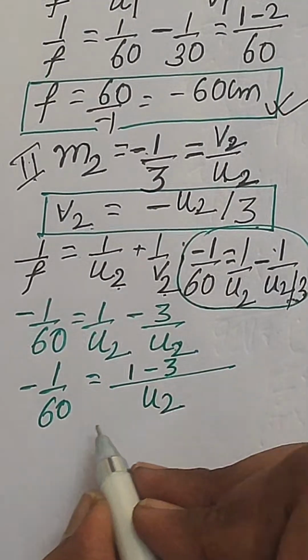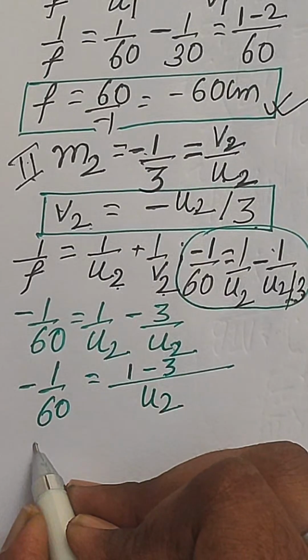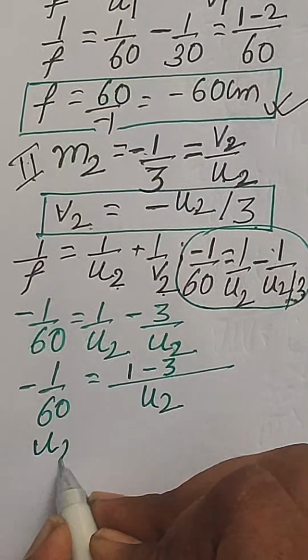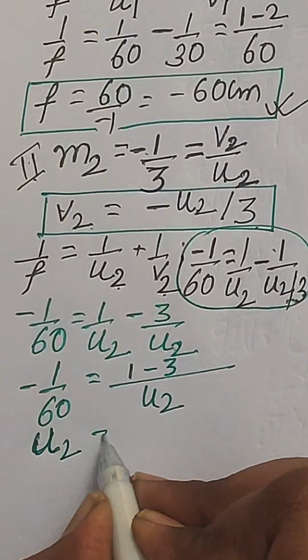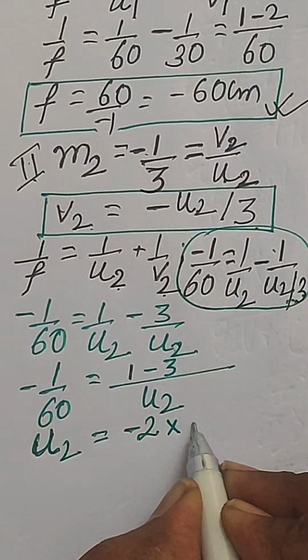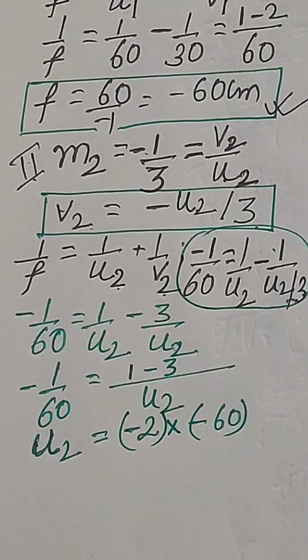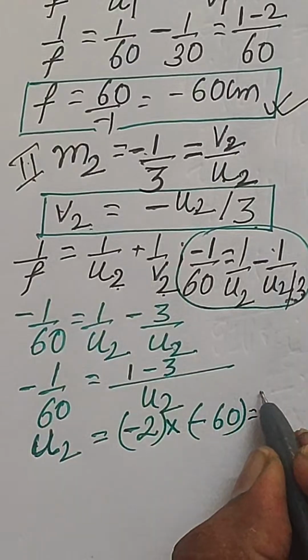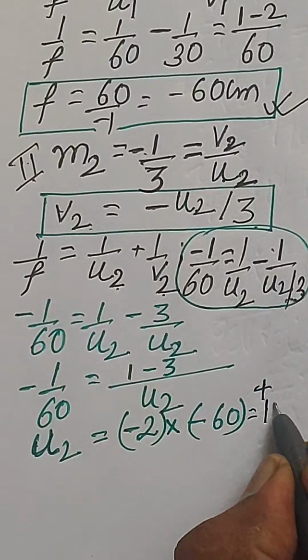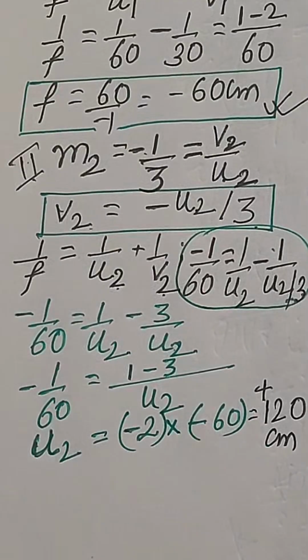So this will give you u2 as minus 2 into minus 60, which is nothing but plus 120. So plus 120 centimeter is the value of u2.